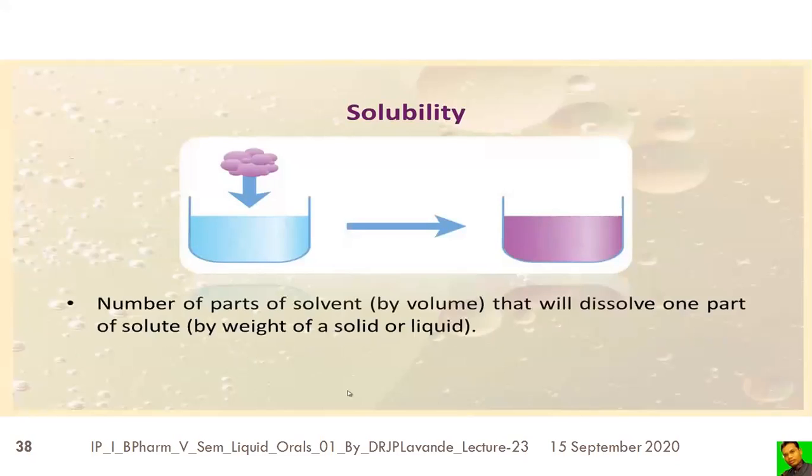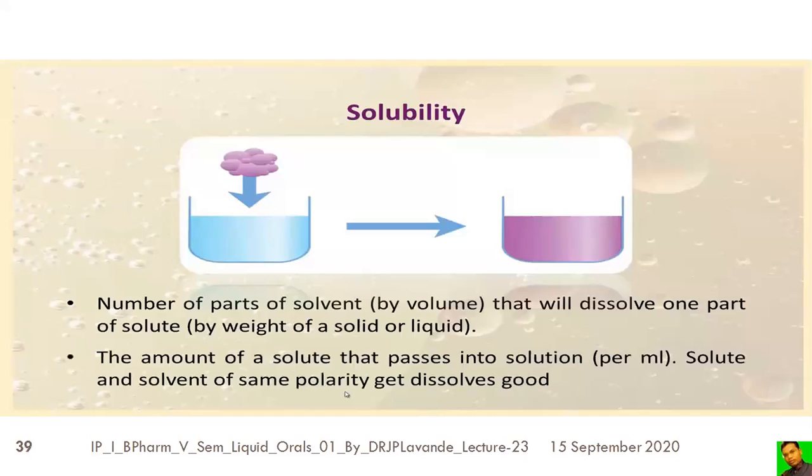Now, solubility. Just to recall, where had we studied solubility? Yes, we had studied it while studying pre-formulation. Exactly. The number of parts of solvent that will dissolve one part of solute is said to be the solubility.